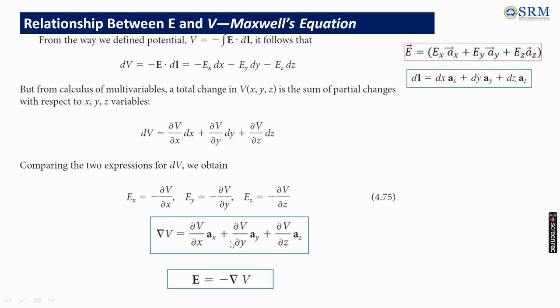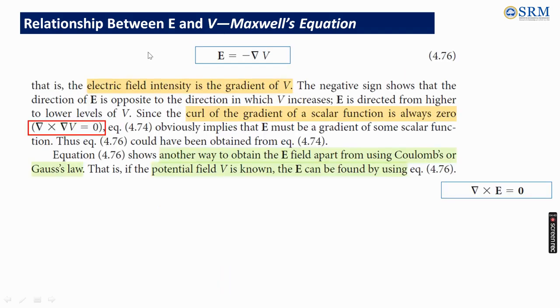We already know this partial differentiation, the differential vector component, is del V. So E is going to be minus del V. This is our relation. So see here, electric field intensity is going to be the negative gradient of V. Why does the negative sign come? Because the direction of the electric field intensity is opposite to the direction in which my electric potential is increasing.